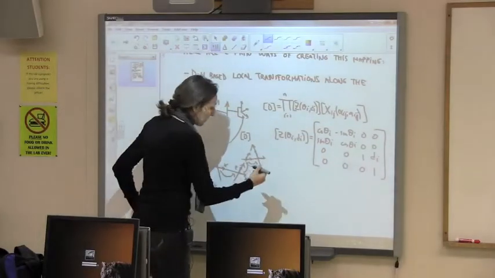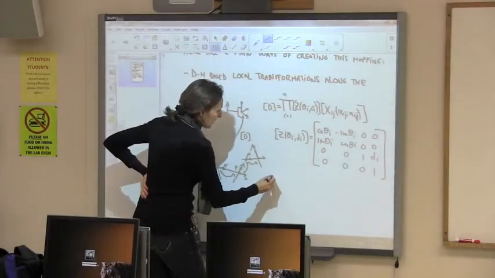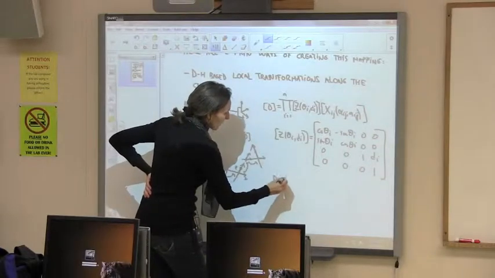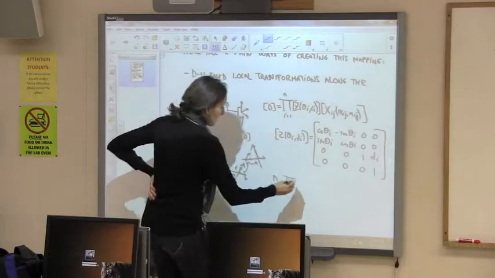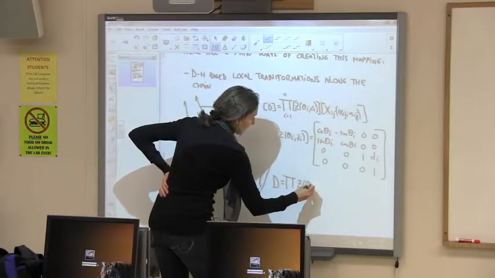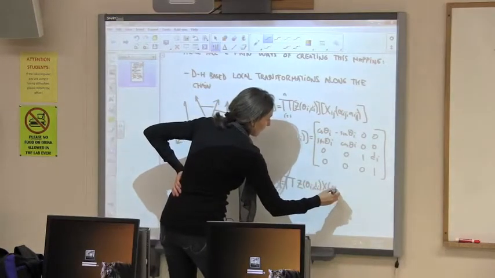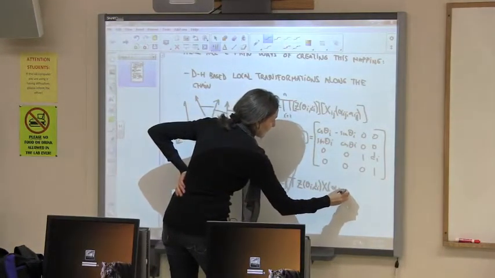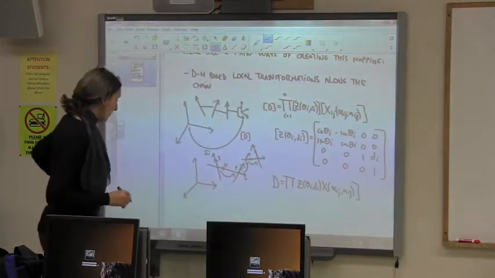Let me just write it down. We don't use this, but you could do it. You could say D as a dual quaternion is the product, and that means using the Clifford product, of a Z dual quaternion of theta_i, d_i times an X of alpha_ij, a_ij. And we know how those look.